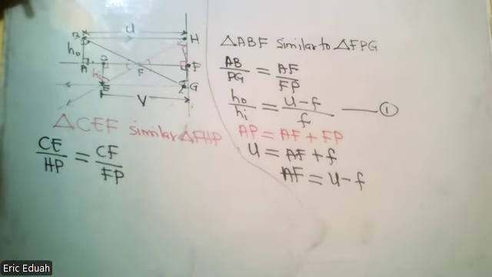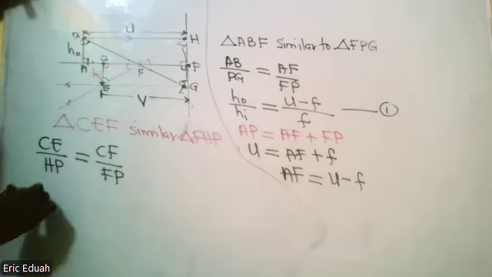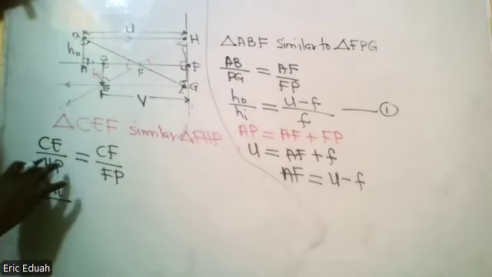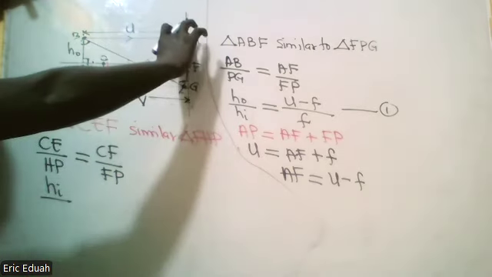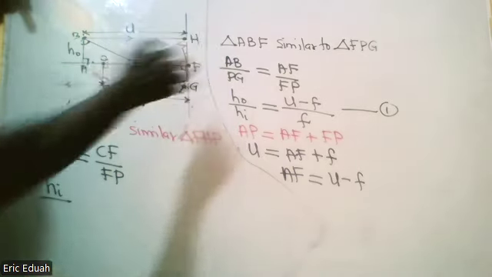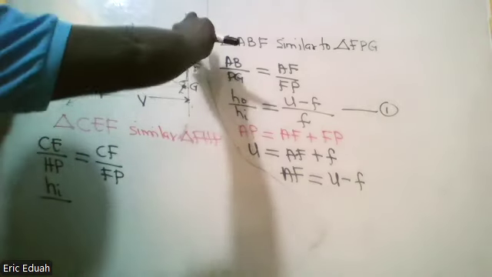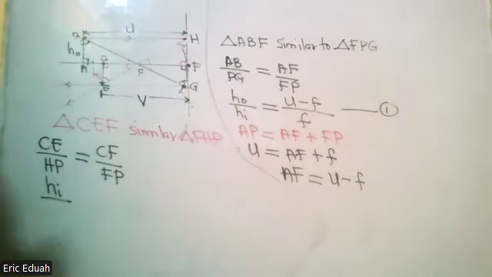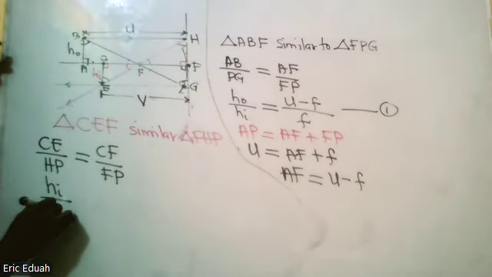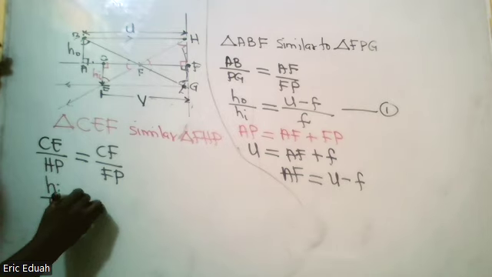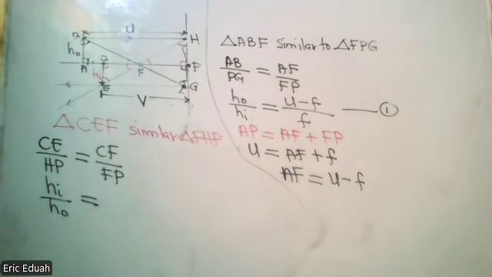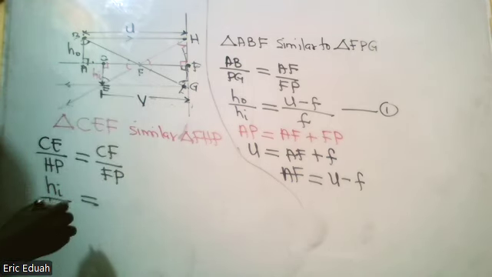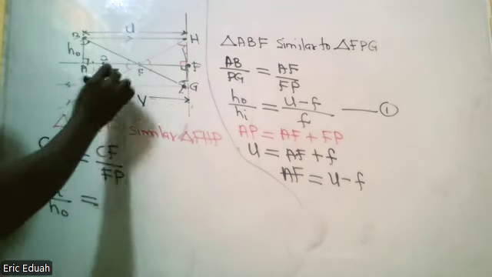Now, what is CE? CE is image height, HI, over HP. HP is also the object height because this distance is equal to this distance. So H naught. This is equal to CF. What is CF?